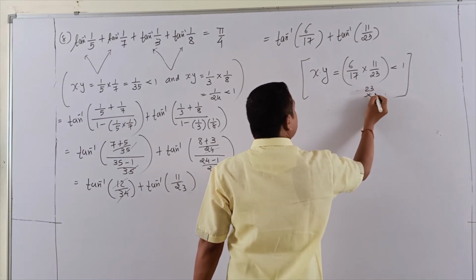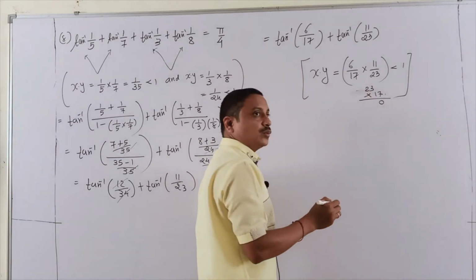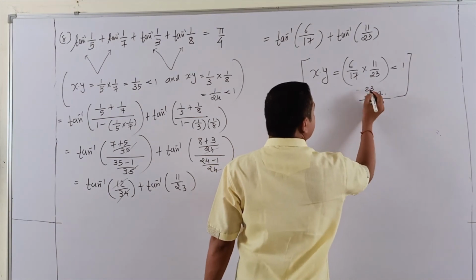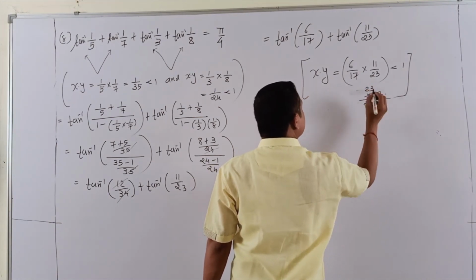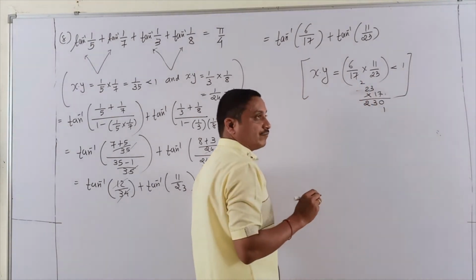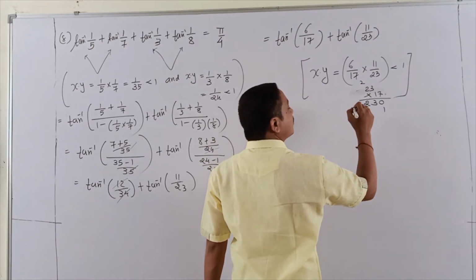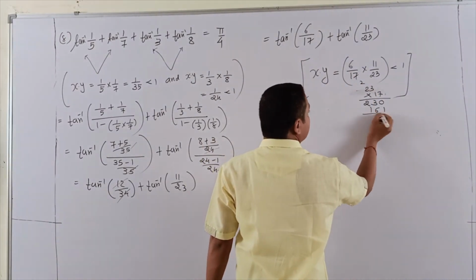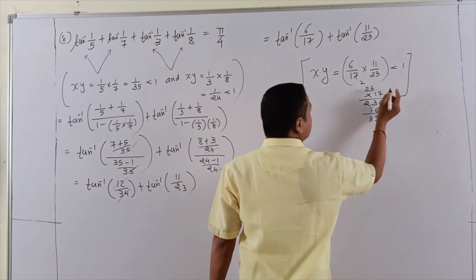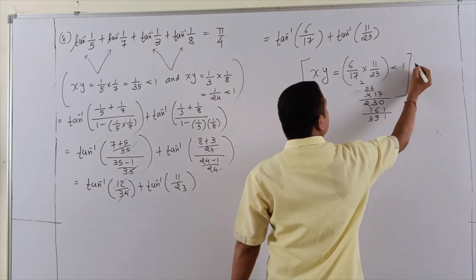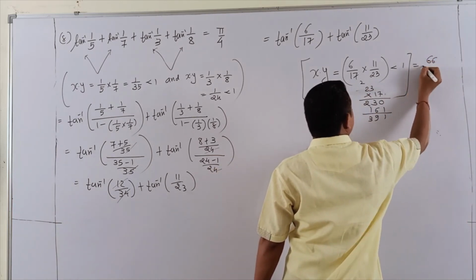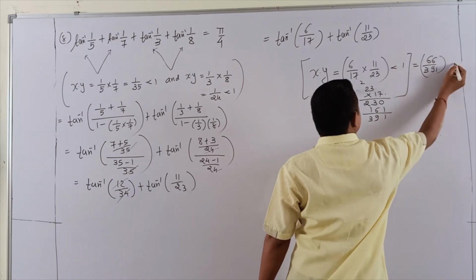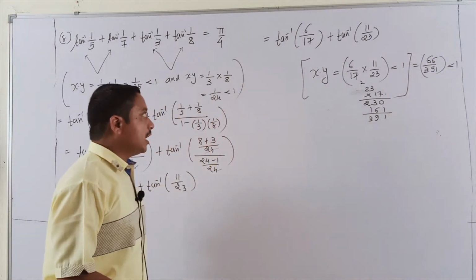How much? 23 into 17? 3 ones are 3, and 7 threes are 21, and 7 twos are 14, so 391. So surely your answer, 66 by 391, is less than 1.